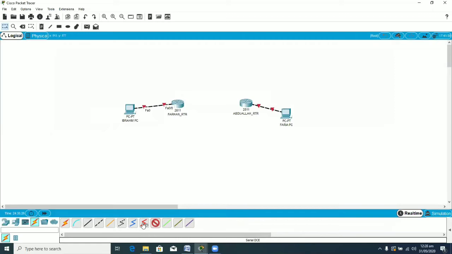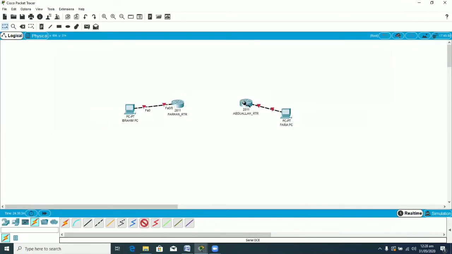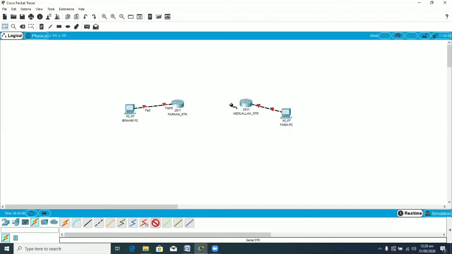If I take this serial DCE and first click on this router, it will become the male connector serial DCE and the other will become the female. Similarly, if I take the other cable and click on this router and then on that router, since this is the female cable, the router clicked first will become the female DTE, while the other one will automatically become the male DCE.